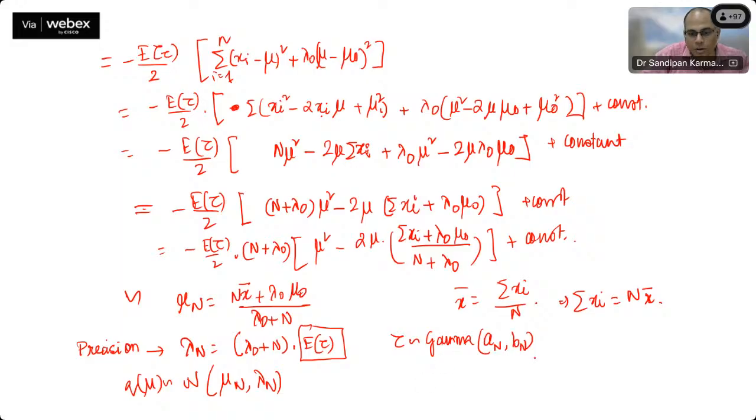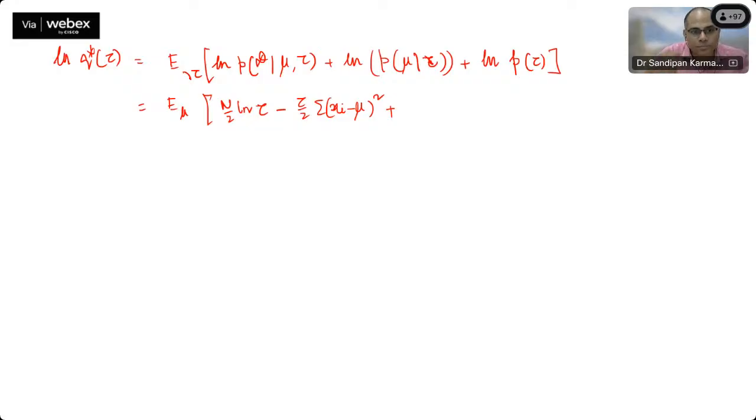Instead of a naught, b naught, we start with a naught, b naught and update them step by step. An and bn will come in the next step, whereas mu n and lambda n come in this step, and will be used here as well as in the next step. I'll explain how this happens.